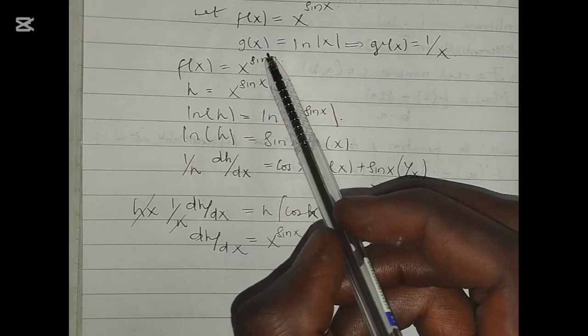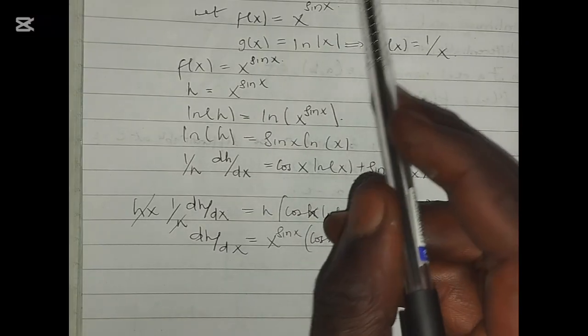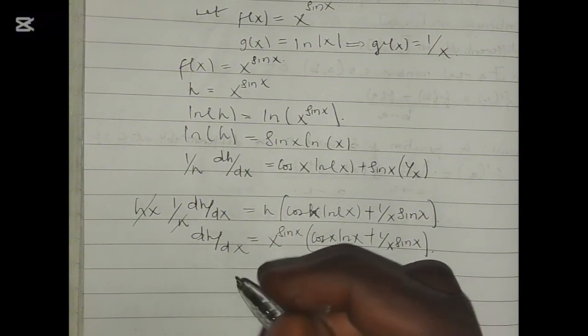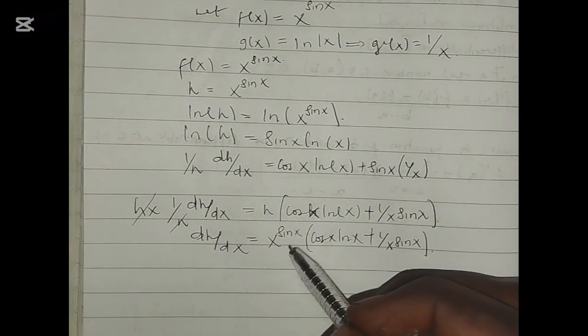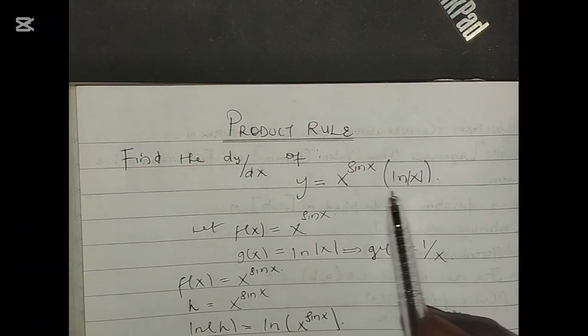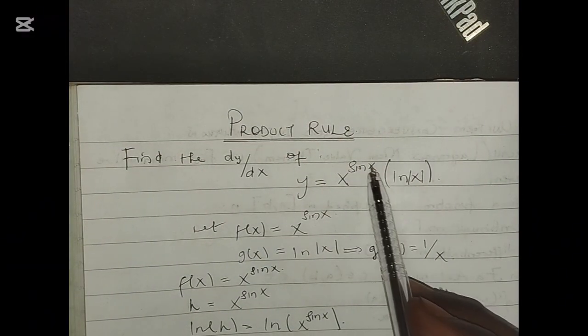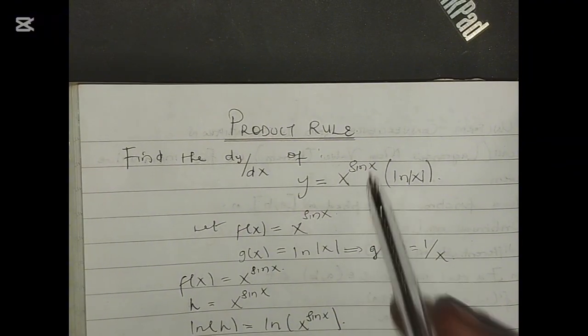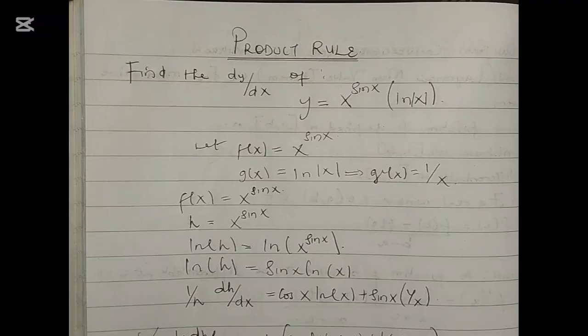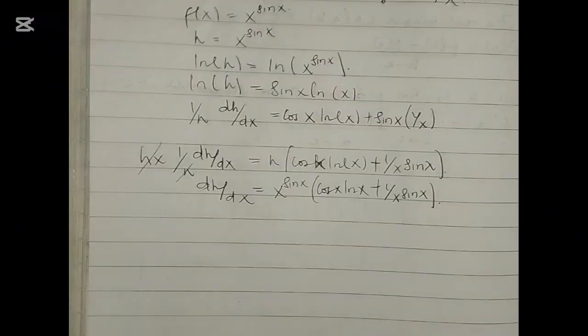So we have to replace that in this function when we are doing so. This is h prime here, which is the derivative of this function here, and this one will give us 1 over x here, but we already know what this one gives. So let us apply our product rule here and see what we get.